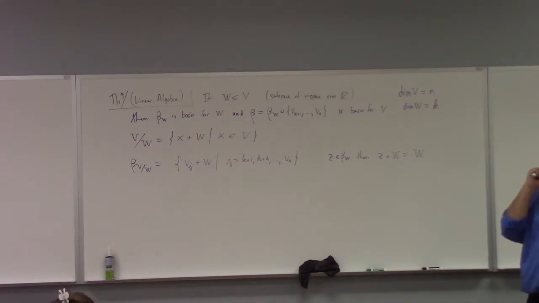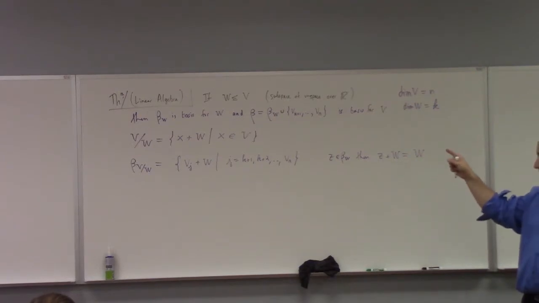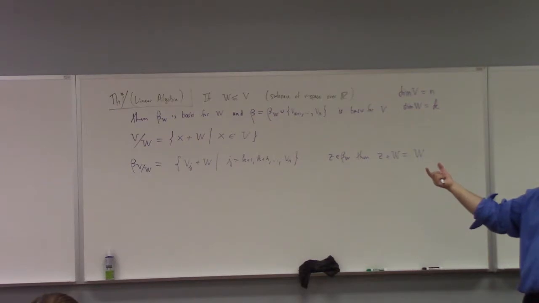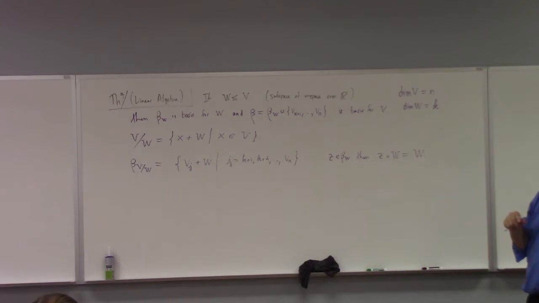So the part of the basis for V which was forming W is of no use whatsoever. It's the 0 vector, not a good choice for your basis in the quotient vector space. But good news, the rest of the basis give you representatives which, when added to W, give you cosets which are linearly independent and span the quotient vector space.